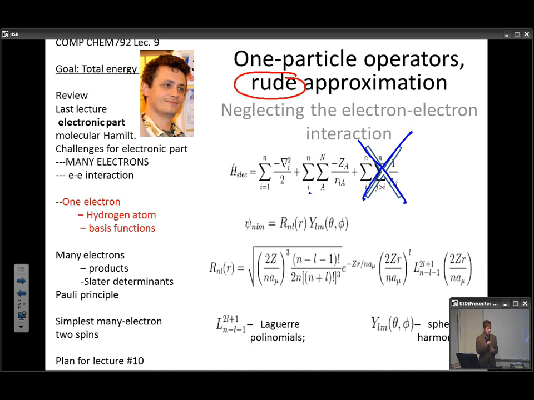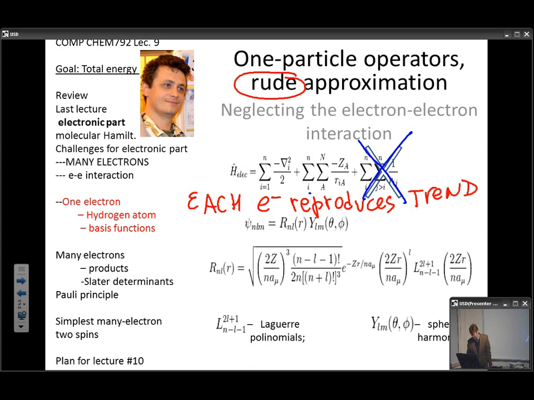If one neglects electron-electron interaction, then each electron exactly reproduces the solution for the hydrogen atom, and we just build up a product of those. Each electron produces not just trends, but actual, precise behavior of the hydrogen atom.